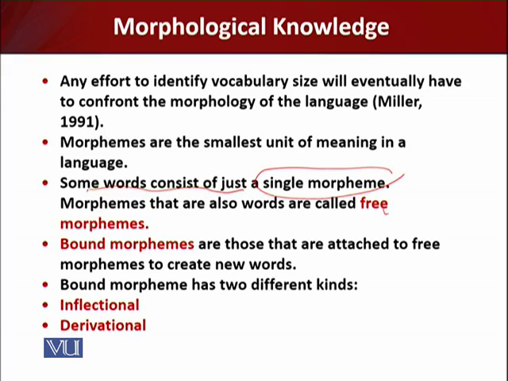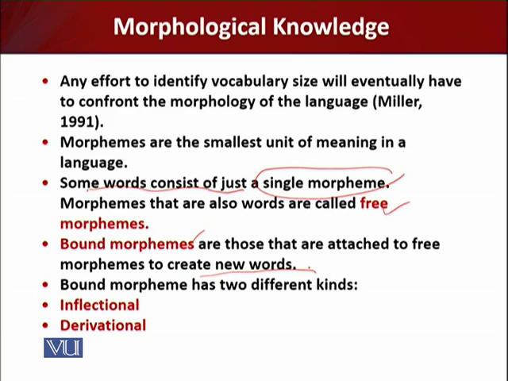Free morphemes are the ones which do not require any prefix or suffix. They can stand on their own. Bound morphemes are those that are attached to free morphemes to create new words. They cannot stand on their own.